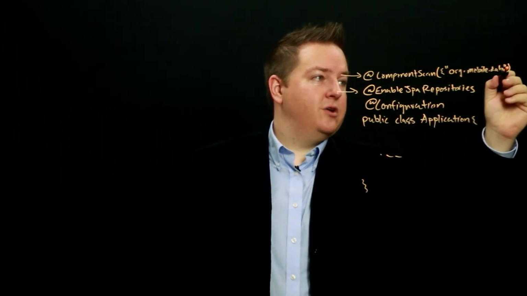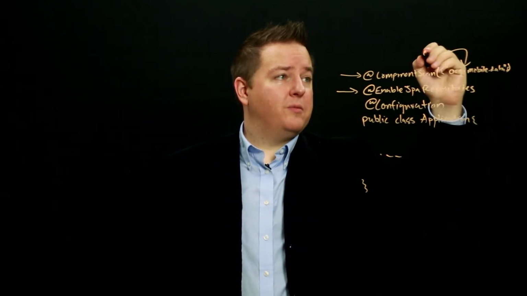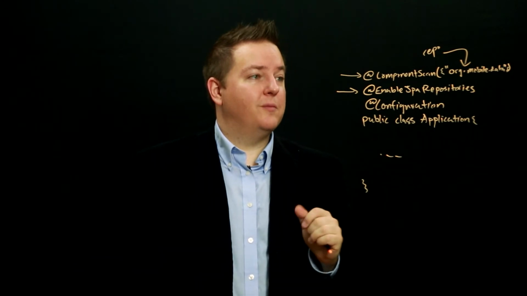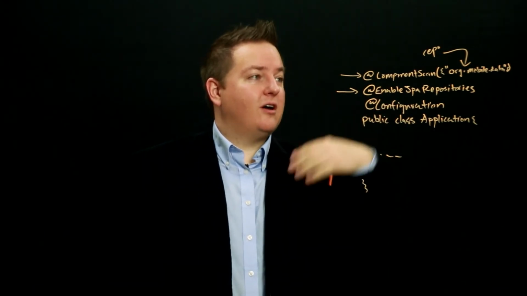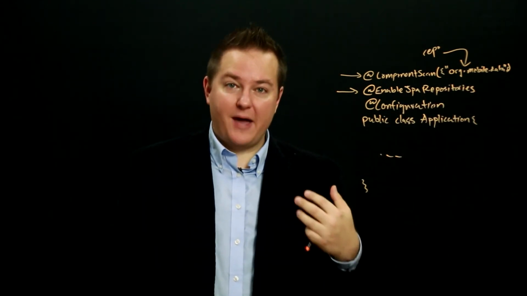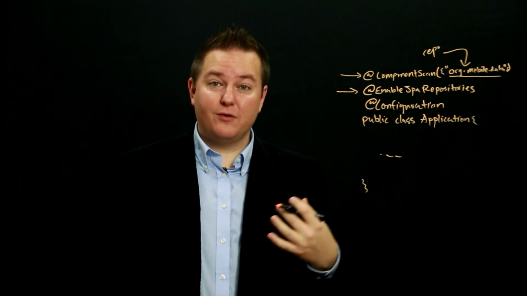And let's assume that this is where our repository is. By telling Spring to go into a component scan, Spring is automatically going to look at all of the classes in this Java package that we've specified. So we're just specifying the fully qualified name of a Java package.